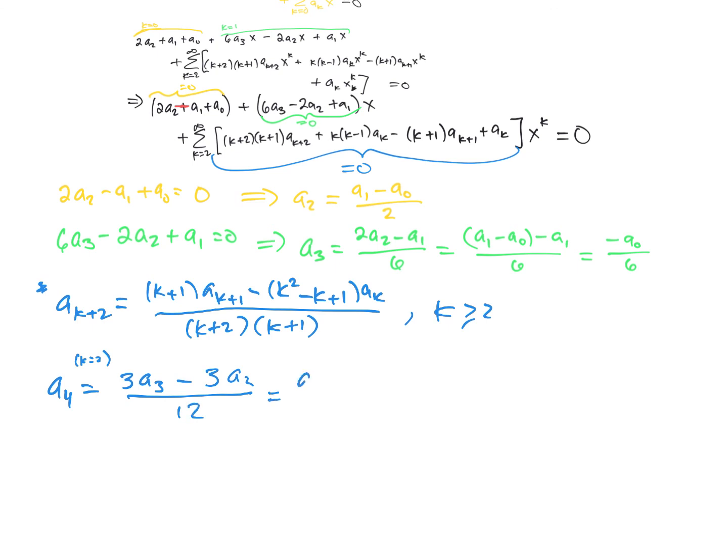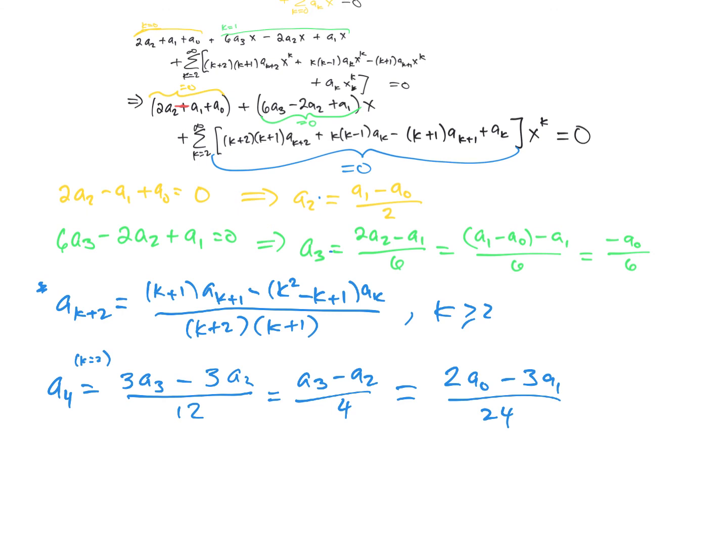So that's a3 minus a2 over 4. Now we have a2 and a3, so we can plug those in, and I'm not going to do all the arithmetic out, you can verify it. 2a0 minus 3a1 over 24.